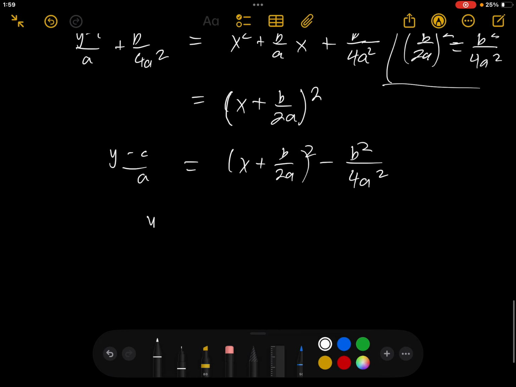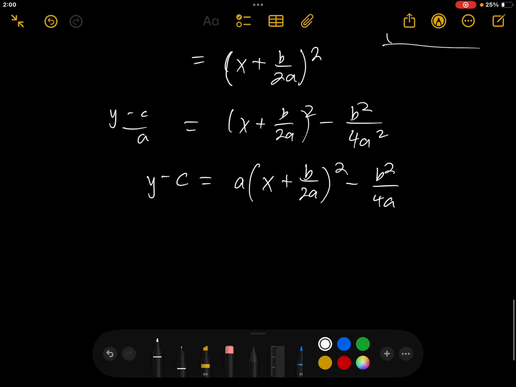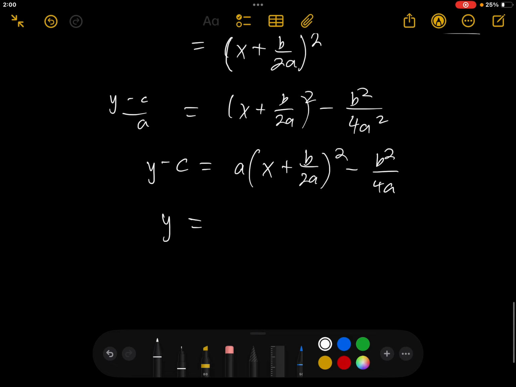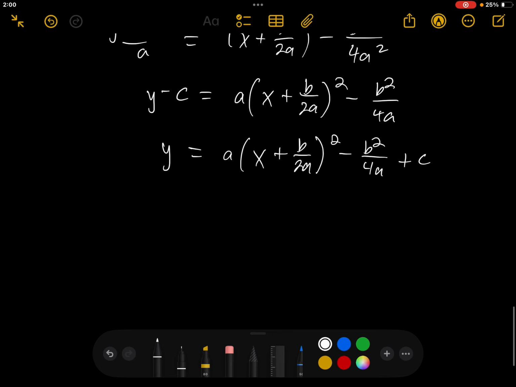Now we multiply both sides by a, so y minus c equals a times x plus b over 2a, squared, minus b squared over 4a. Remember, I need to distribute the a across. And now I add c to both sides.